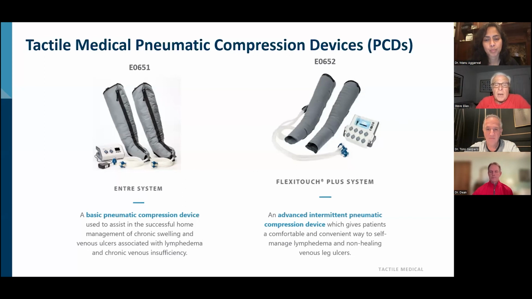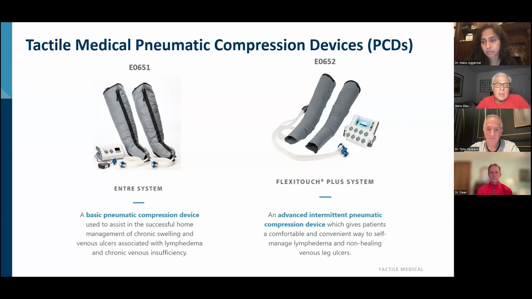FlexiTouch is definitely more advanced. It gives patients sometimes a more comfortable way of managing it, and we'll talk about why. It does help with lymphedema as well as chronic venous insufficiency and leg ulcers as well. So these are the two types of pumps, and we're going to talk about the differences in them and when you might use one versus the other.